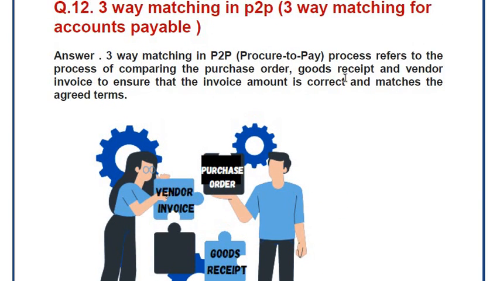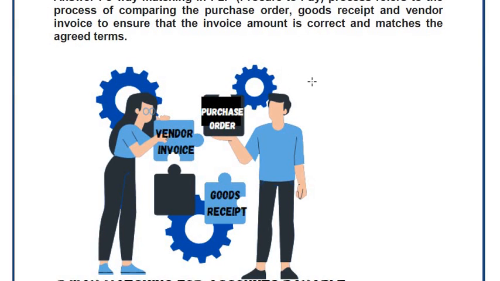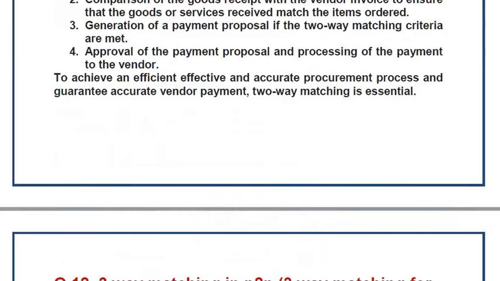So basically, we need to compare the vendor invoice with the purchase order and goods receipt, the supply of the quantity. So we can ensure that correct payment is made to the vendor and that the correct quantity which we have ordered in the purchase order from the vendor is received at the customer place or not, right? So this is the whole P2P process, and this is a very important process in SAP.